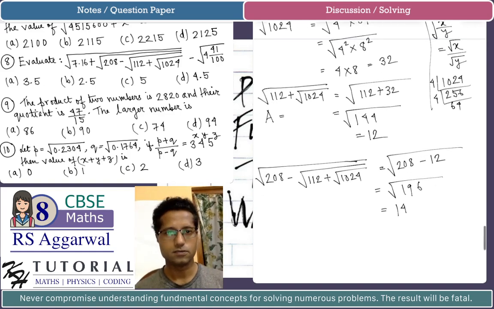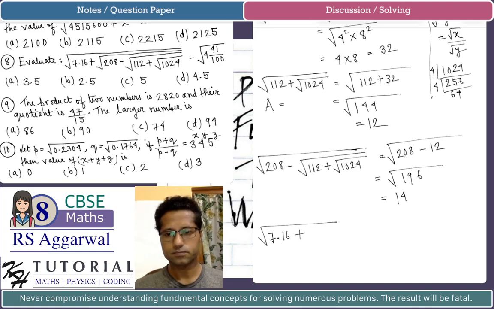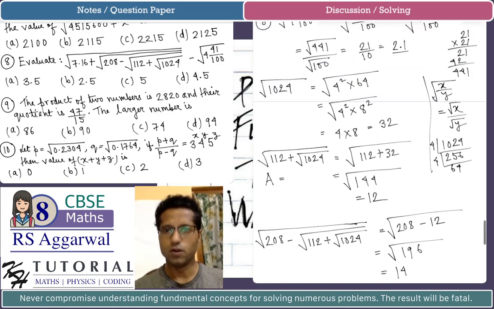So now the entire expression that is given turns out to be the square root of 7.16 plus 14, and we have minus 2.1.